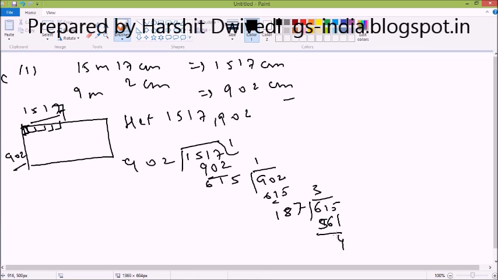I think I am making some mistake here. Let me check the mistake. The numbers are 902 and 1517. I'm really sorry, this is where my cursor has gone.